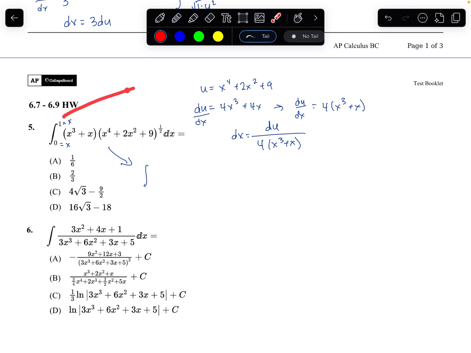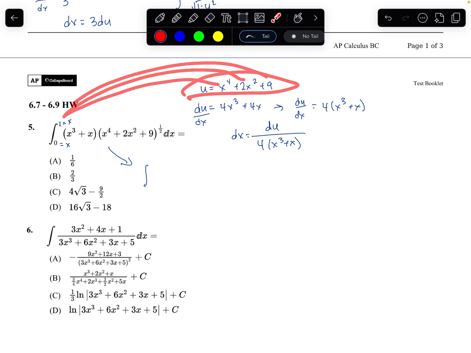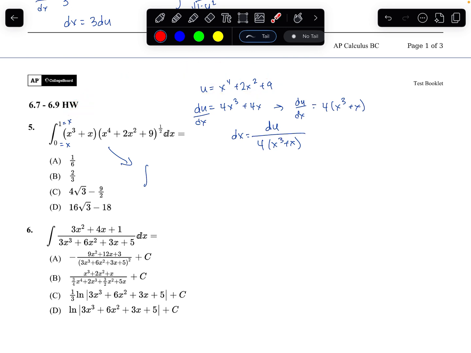So if I plug in 1 for this function of u in terms of x, I get 1 plus 2 plus 9, so 9 plus 3, which gives me 12. If I plug in 0, that's going to give me 9. So now these bounds are in terms of u, not in terms of x. And then I have x to the 3rd plus x.